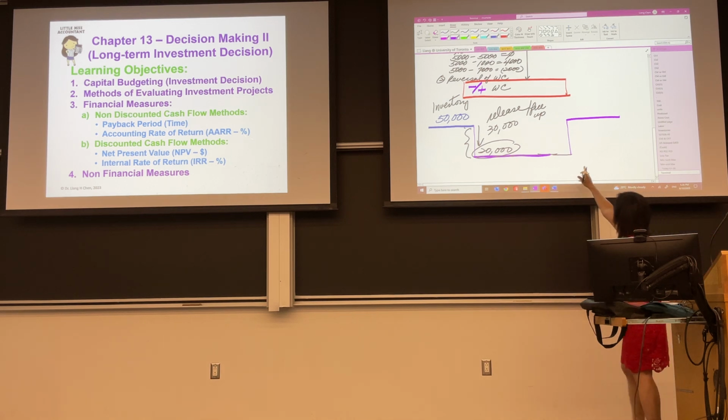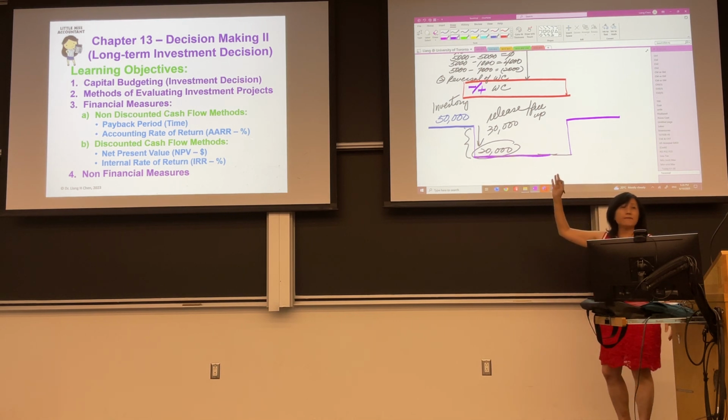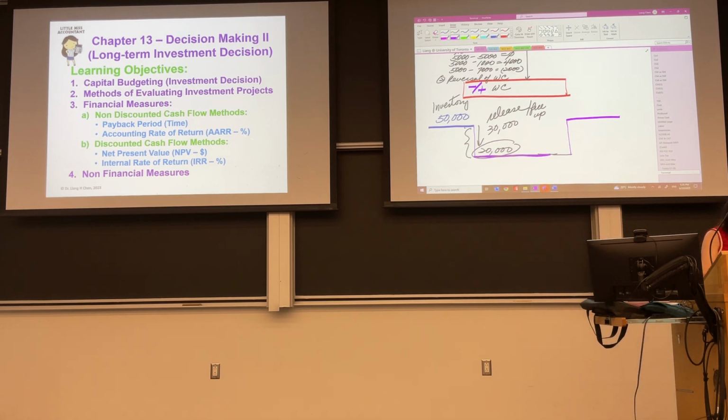Once you finish the project, 10 years, 5 years, reverse back. From 20,000 back up to 50,000, you tie up. Require more, 30,000 cash inventory. Okay, so this is how it works.